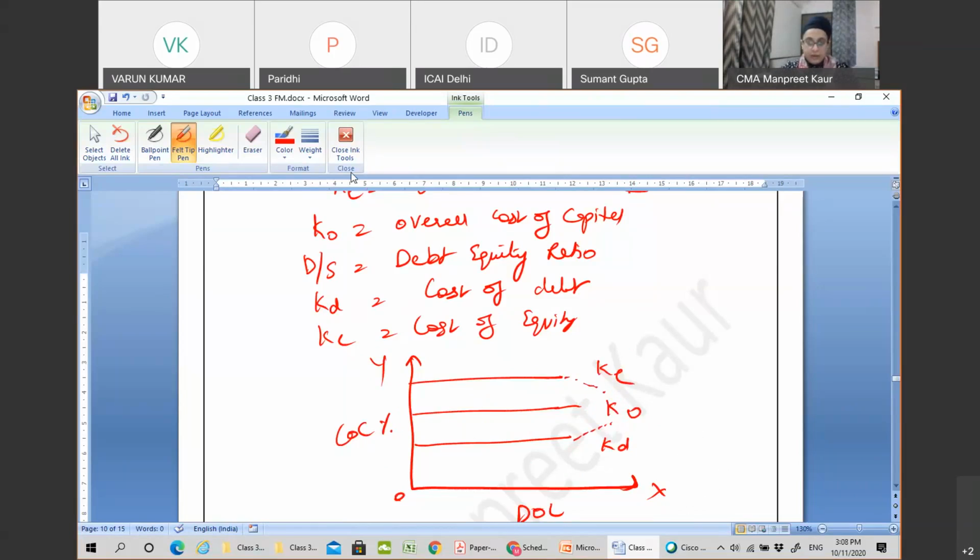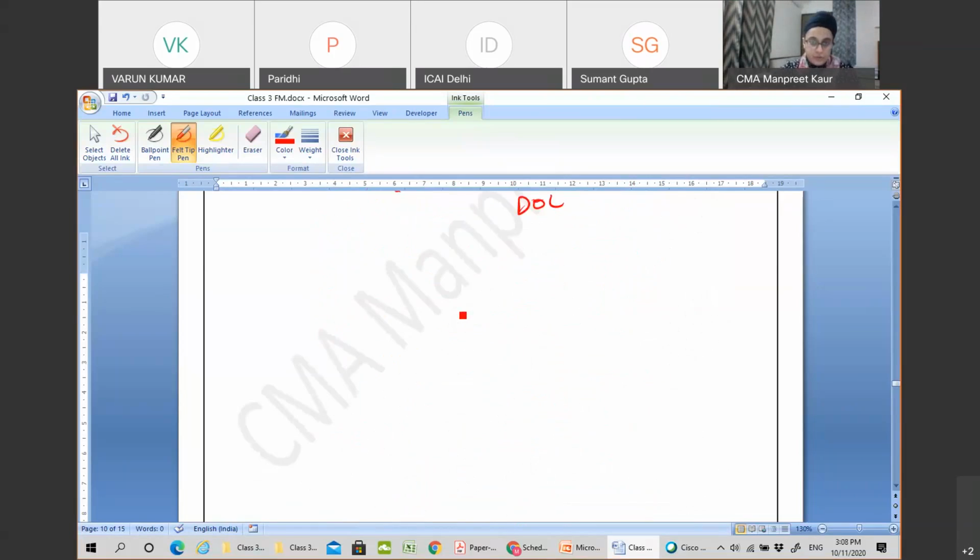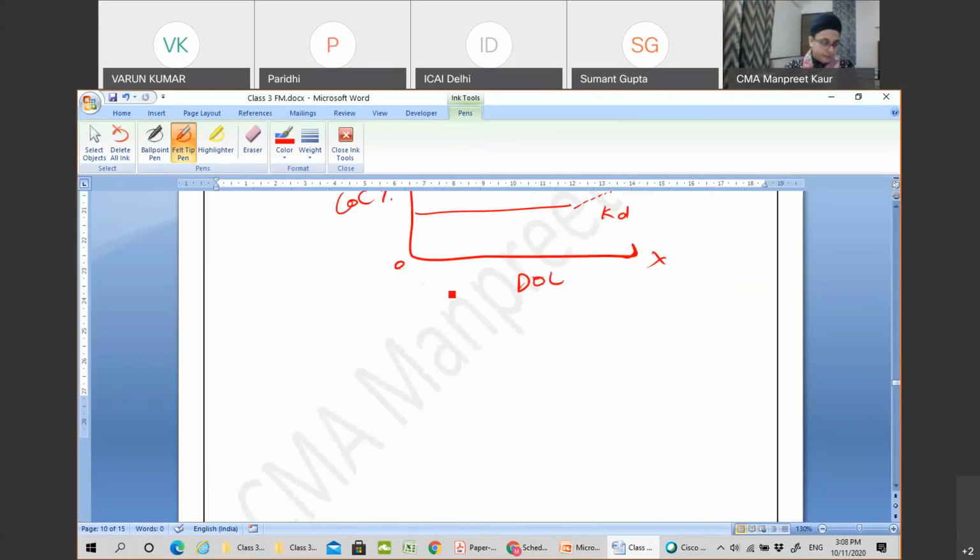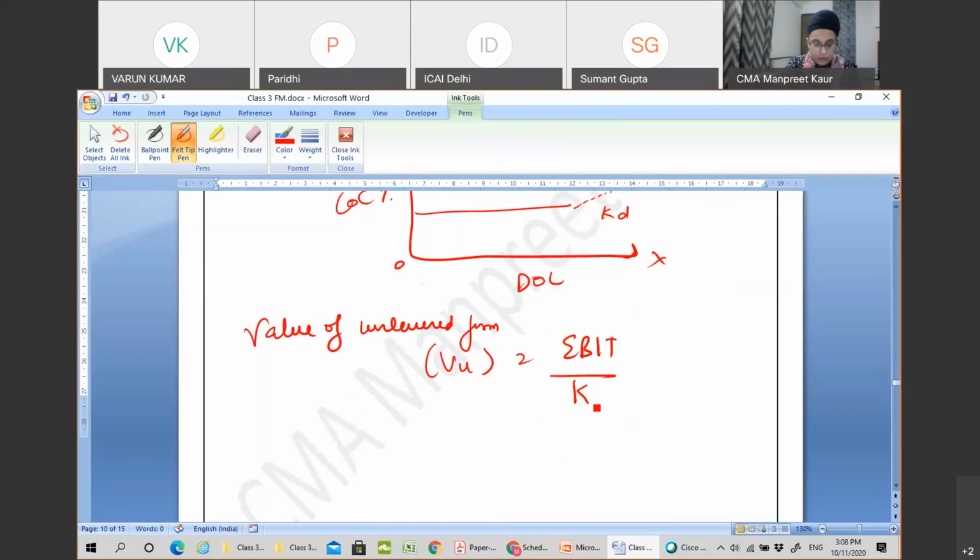And the last formula for this approach is the value of the unlevered firm. Value of the unlevered firm, that is VU, is equal to EBIT upon KO (1 minus T), that is the taxes.